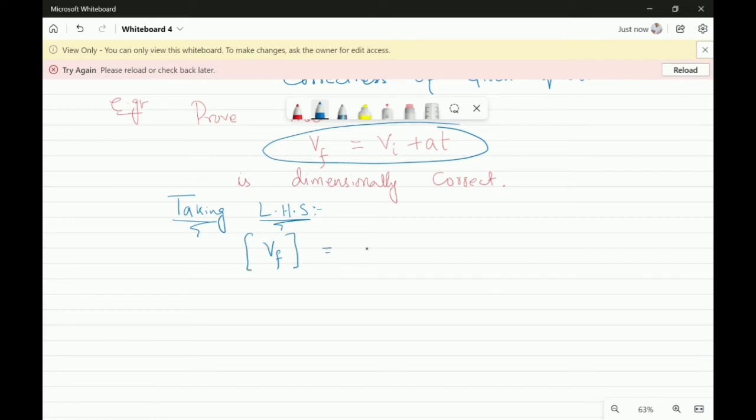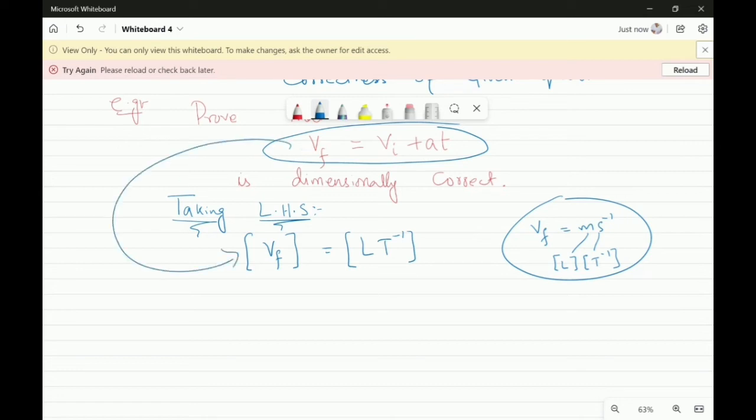since it is final velocity, the dimension of velocity is LT minus 1. Why LT minus 1? Because the unit of velocity is meter per second, and for meter we have L, for time we have T. So the dimensions of velocity are LT minus 1, written inside square brackets.